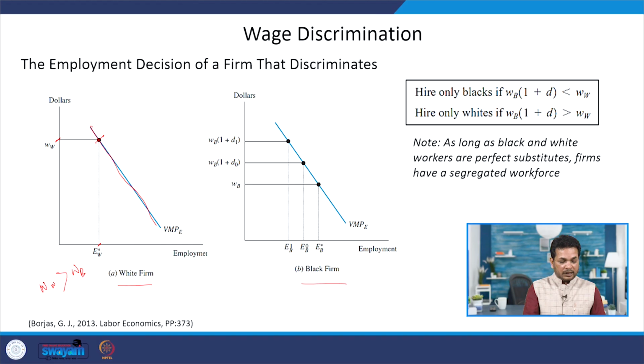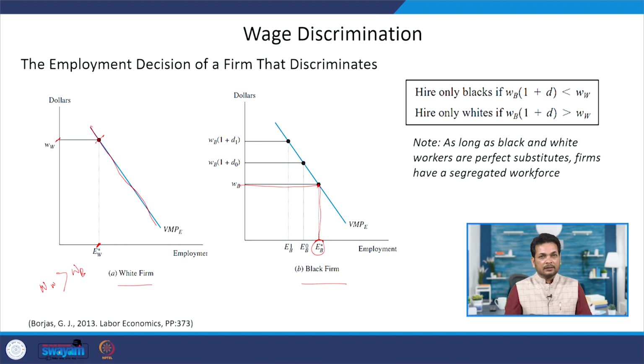So, the white firms are not only hiring workers at a higher wage rate, but also hiring fewer workers. Had it been a competitive firm, it would have hired E star B workers at the wage rate WB.